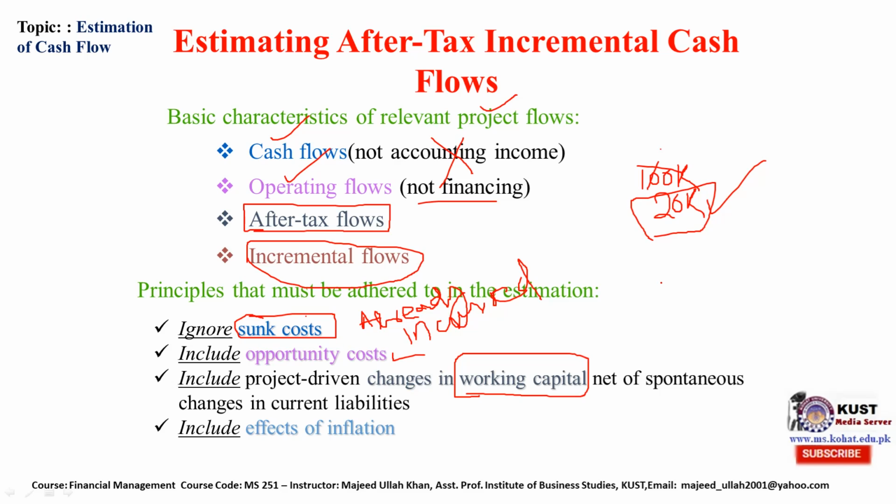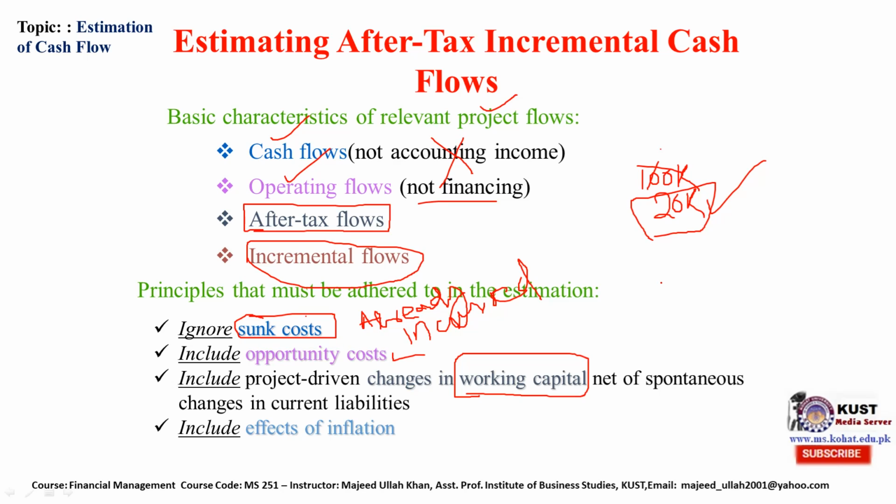result in extra working capital, because we will have to maintain raw material for it, labor for it, and other things, some cash for maintenance of the machinery.